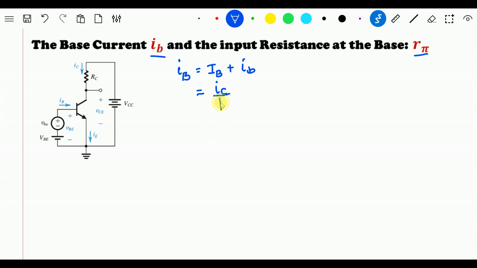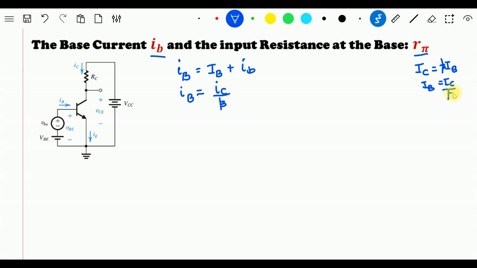This instantaneous base current can be written as the instantaneous collector current divided by beta, because earlier we know that IC equals beta times IB, if you remember from the previous videos. So I can also say that IB equals IC by beta.